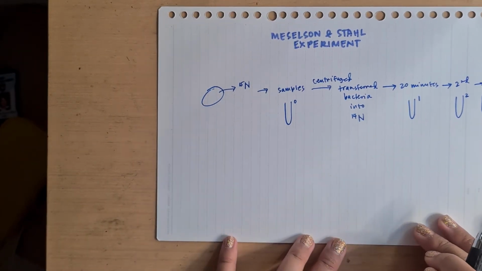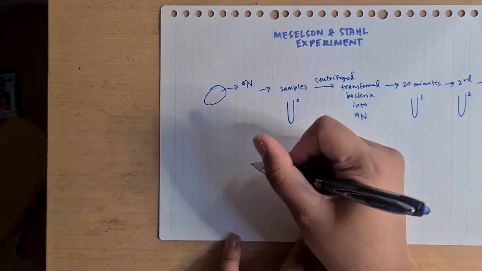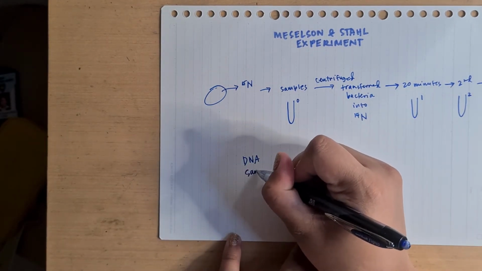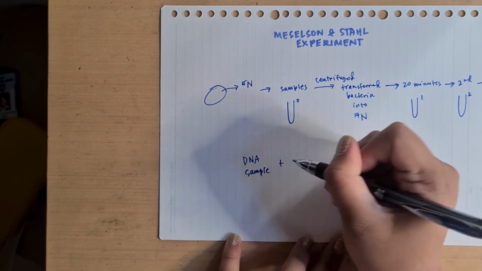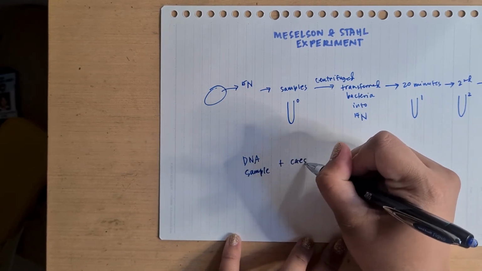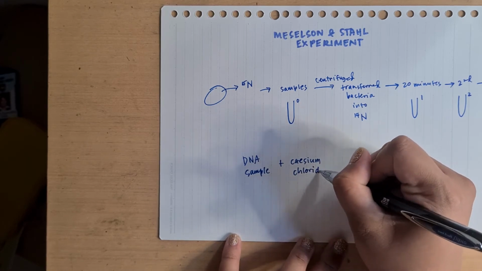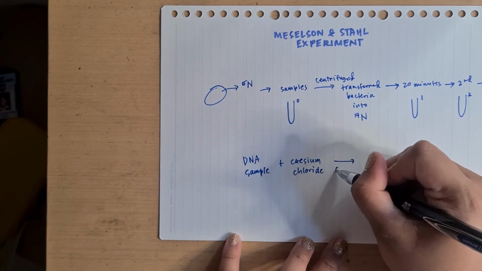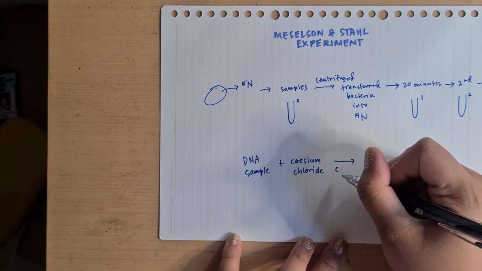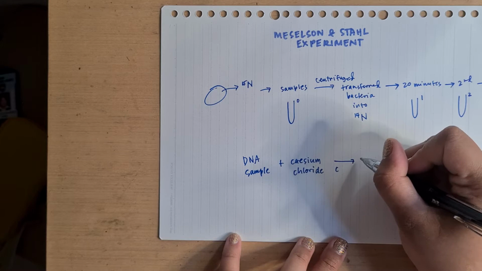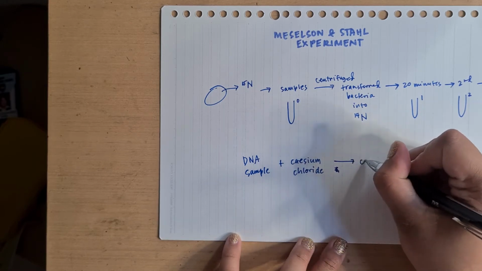Once they took the DNA sample, it was added with cesium chloride and put in a centrifuge.